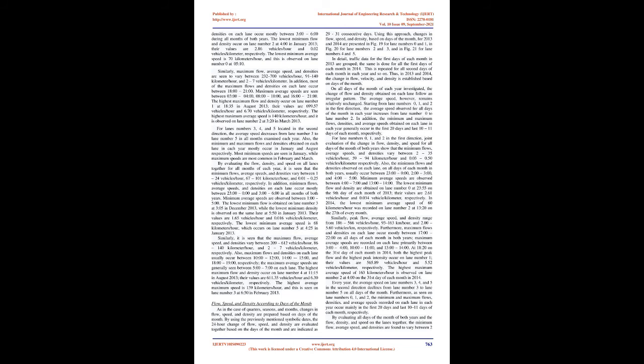By evaluating all days of the month of both years and the flow, density, and speed on the lanes together, the minimum flow, average speed, and densities are found to vary between 2–18 vehicles/hour, 64–99 km/h and 0.01–0.20 vehicles/kilometer, respectively.